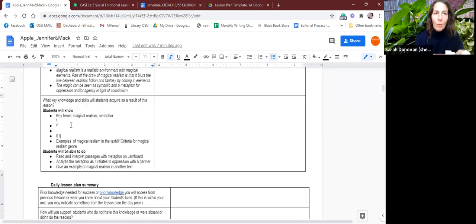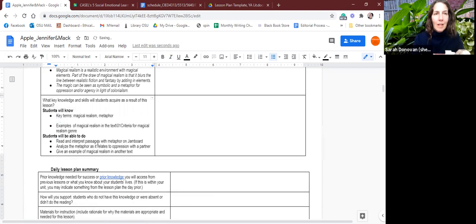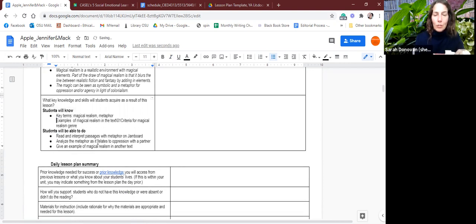And then thinking about what key terms you would need to know. So what might be some of those key terms: magical realism, metaphor, historical trauma, imagery, symbolism.